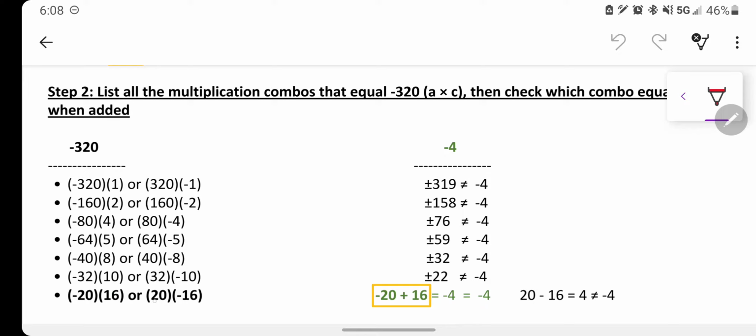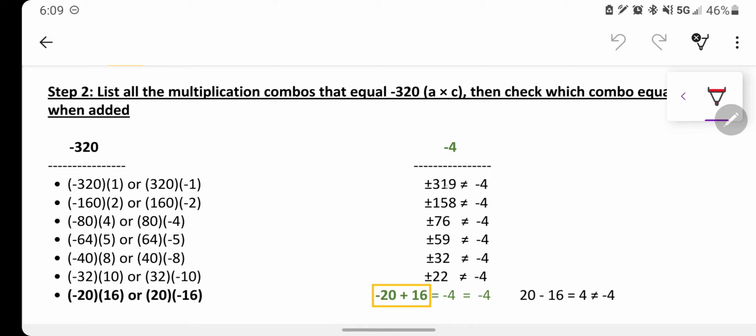But if you have already noticed, I bolded this one for a reason. So we're going to go on to this side right here, which is the negative 4. This is where we got to see which of these multiplication combos would equal negative 4 when added.